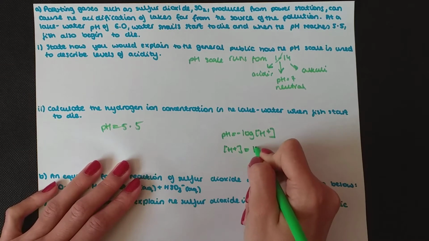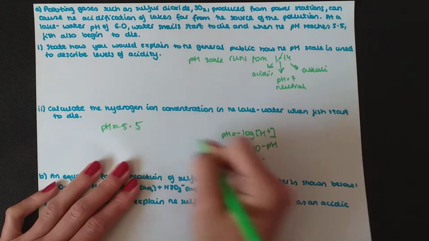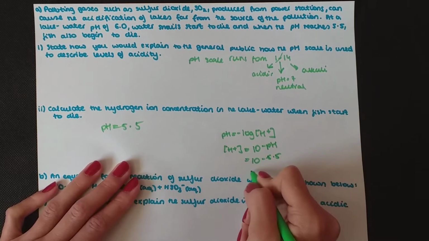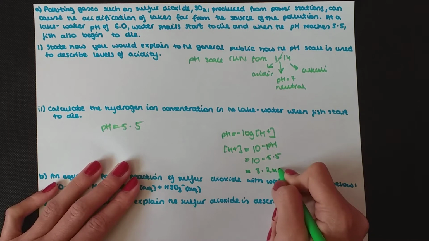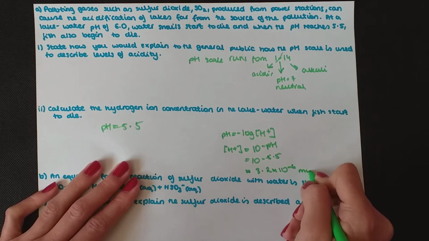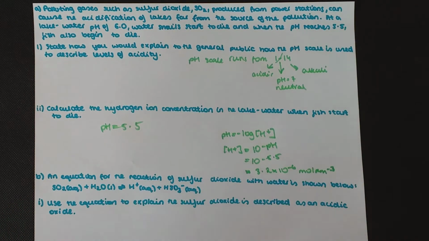So we do 10 to the minus of the pH. So 10 to the minus 5.5 gives us 3.2 times 10 to the minus 6 mole dm minus 3. That's our concentration.